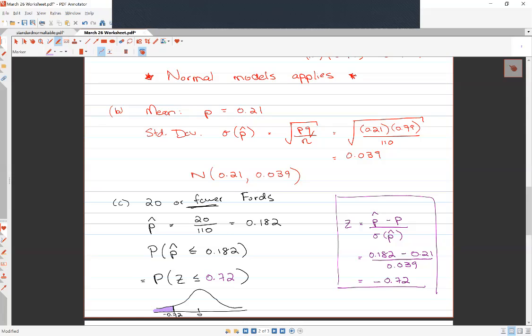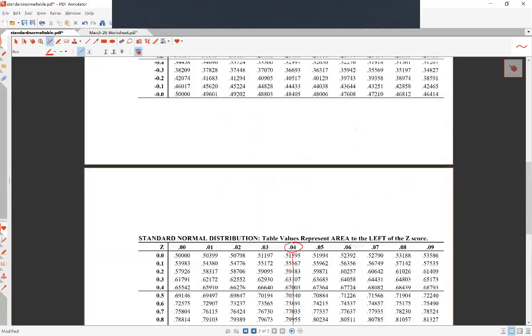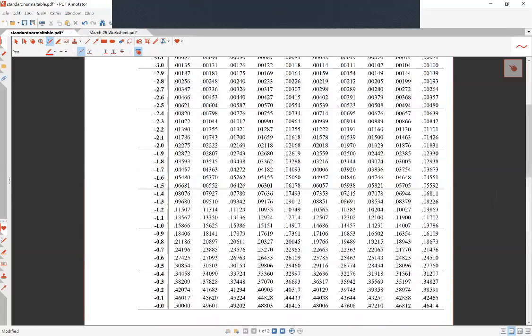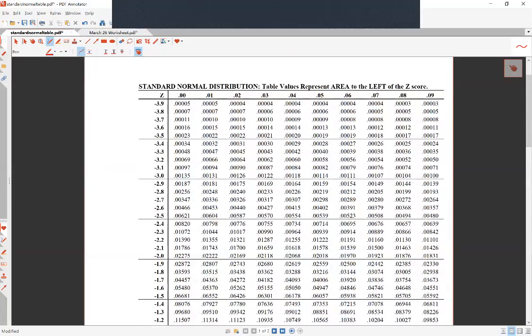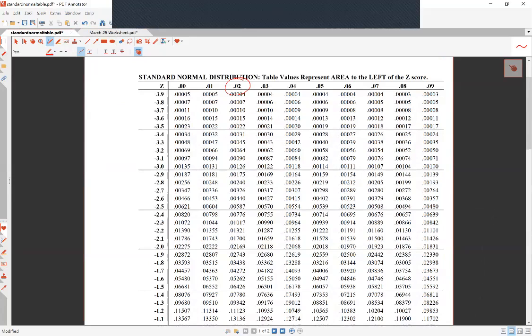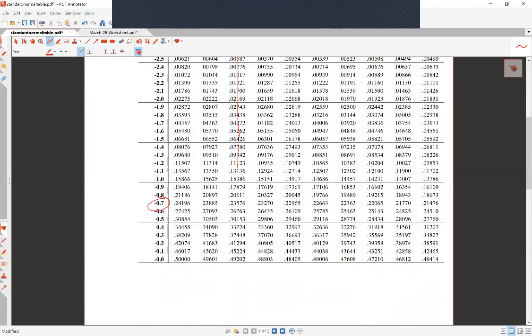So again, I'm going to use my standard normal table here, but now I'm going to look up negative 0.72. So let's flip back over to the normal table. I'm going to find negative 0.7, and the column 0.02. So if I combine those, I have negative 0.72. And so I just want to see where these meet up.